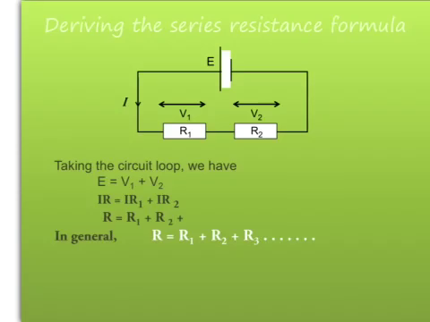Now E can be expressed as IR, where R is the total resistance. Current is common, because there can only be one current in a series circuit. V1 can be expressed as IR1, and V2 likewise as IR2. Clearly I is a common factor which can be cancelled out, leaving us with R equal to R1 plus R2. In general, we can extend it to as many resistors as there are in the circuit.